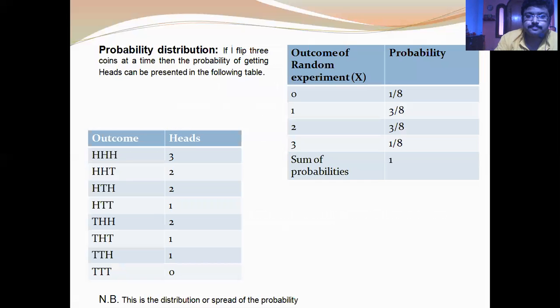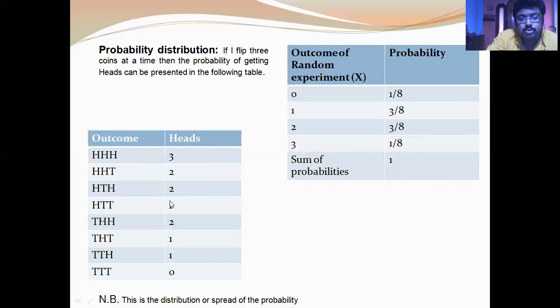Look at this. If you flip 3 coins at a time, then the probability of getting heads can be presented in the following table. You are flipping 3 coins at a time. Head, head, head may appear, so here 3. Head, head, tail, here 2. Head, tail, head, here 2.